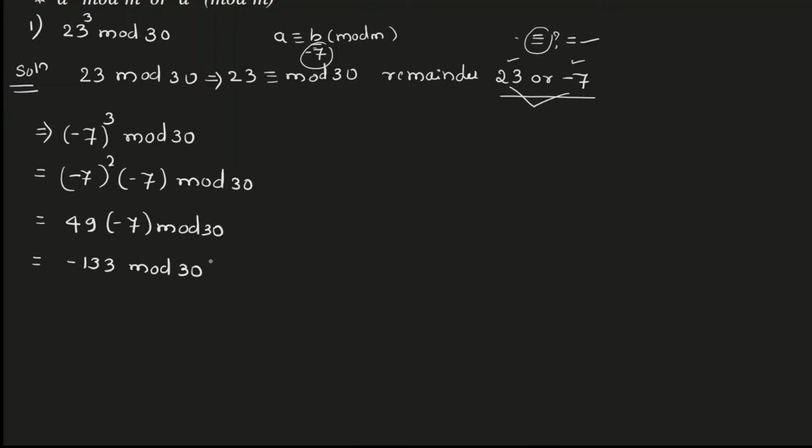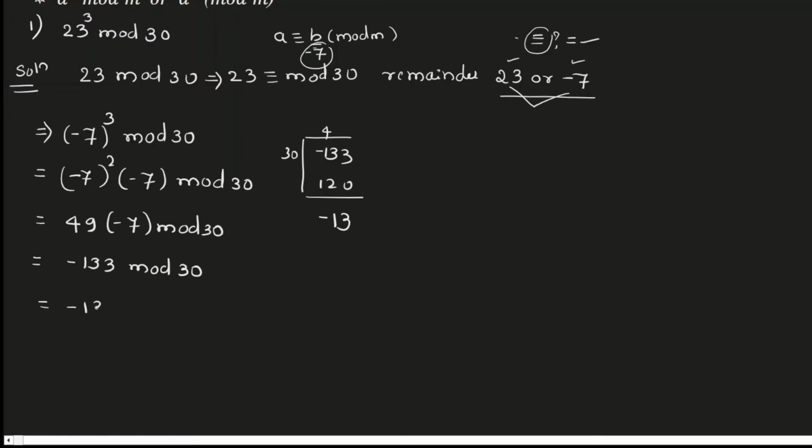So now whenever you divide this minus 343 by 30, what happens? If you want, for this example, I am going to explain. Minus 343 divided by 30 means, bigger number, minus 343 plus 330. So your remainder is minus 13. So it will be minus 13 mod 30. Now you have got a minus 13.